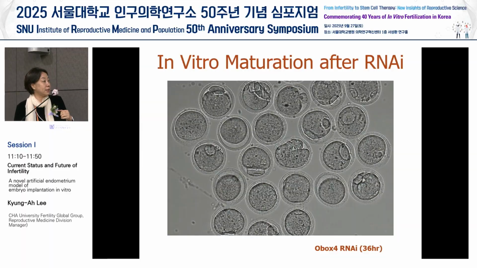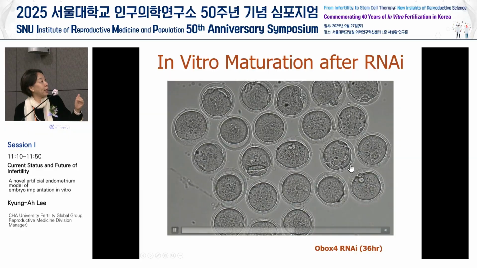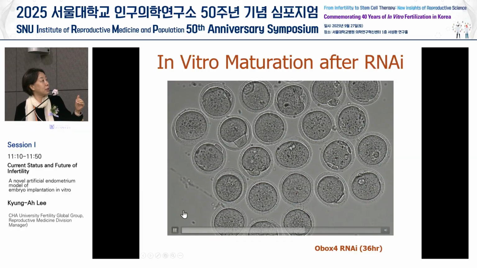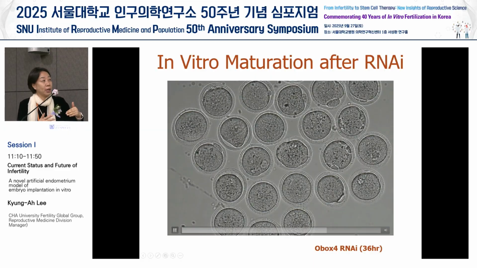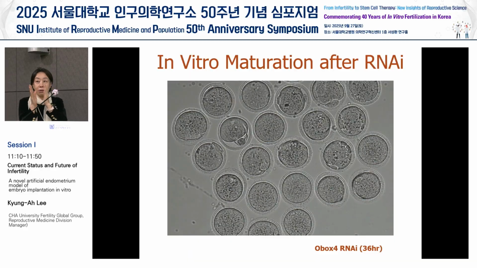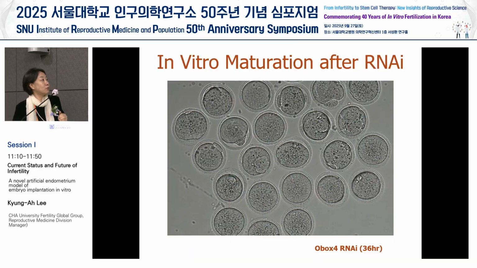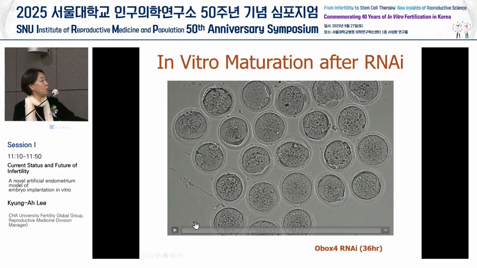However, we realized that the polar body was coming, but cytokinesis was incomplete and the polar body was gone. So the first cell division didn't occur. It was a really interesting observation. So with video recording, we realized that many things happened during the process.